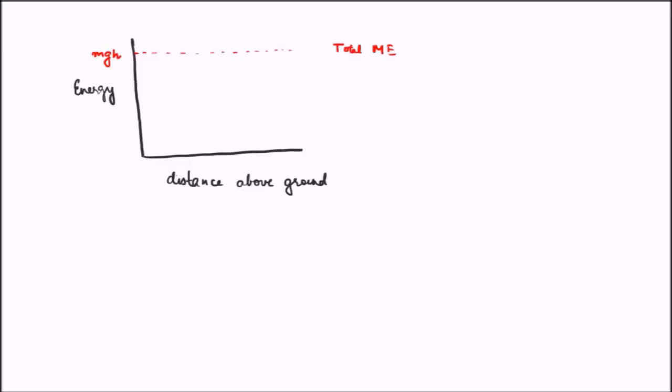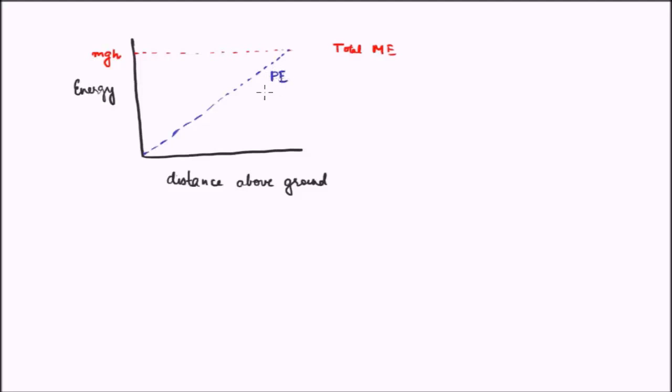and as we have seen, at the ground level the potential energy was 0, and as we increase the height the potential energy increases, and it was a linear relation. So basically a straight line. This is my potential energy plot.